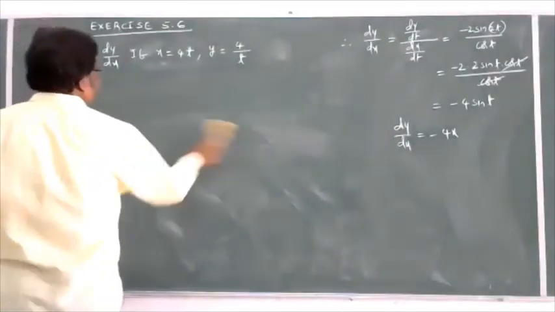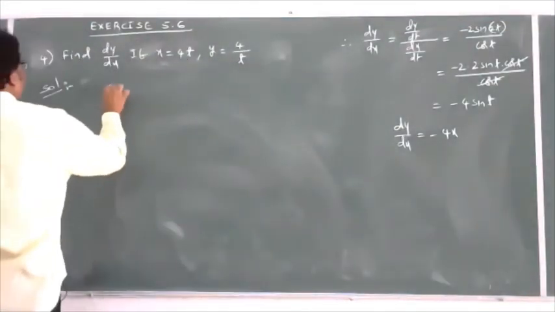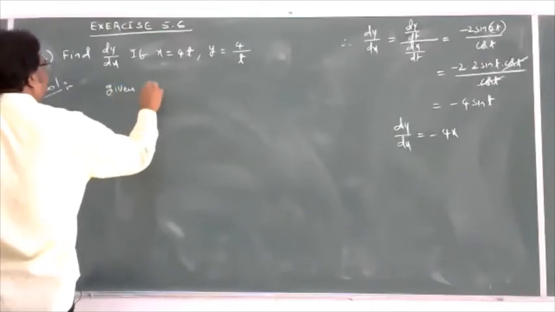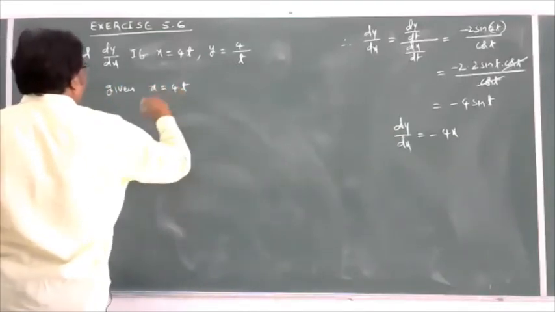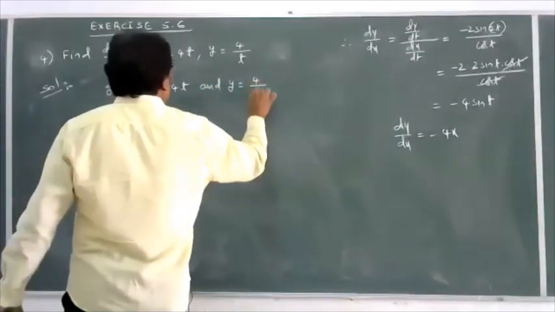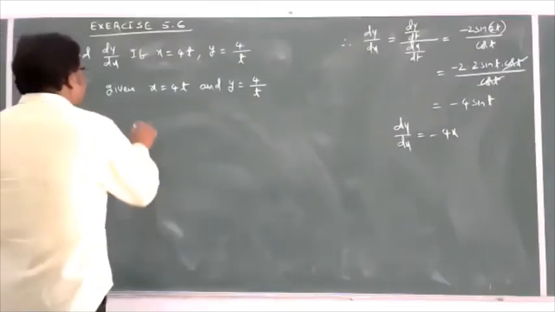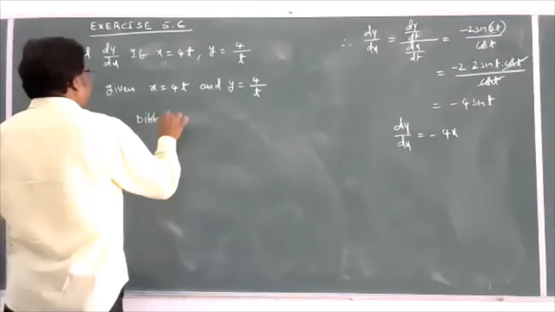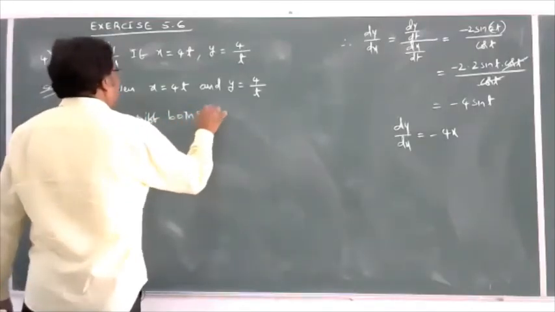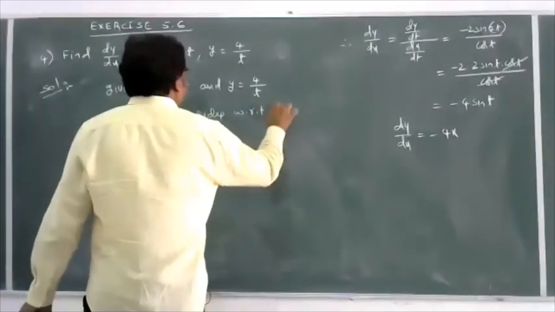Write the solution. Given x is equal to 4t and y is equal to 4 by t.